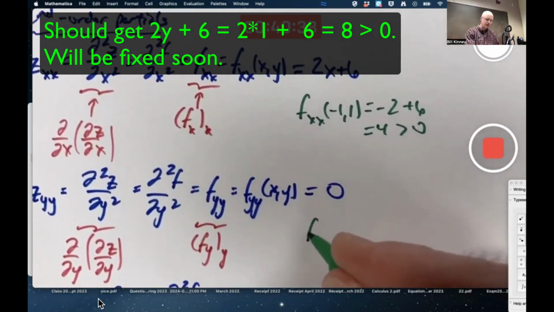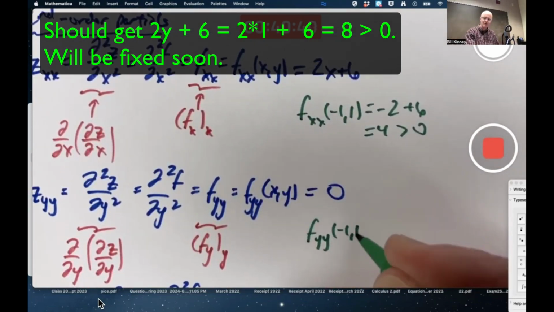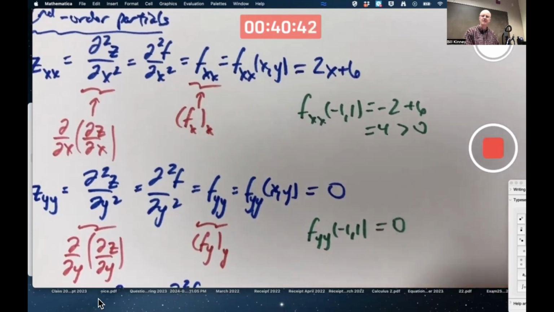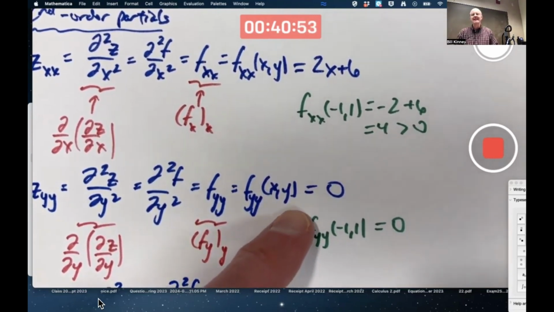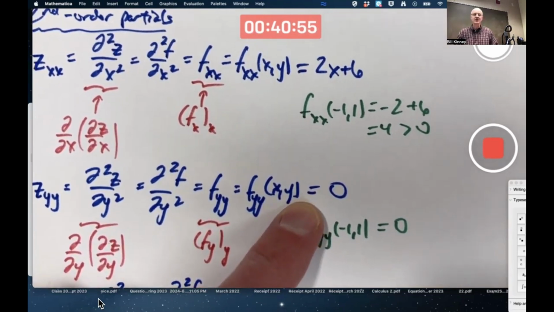Pure second order partial in the y direction. Well, that was the constant 0. So does that mean there's no concavity in the y direction? Yes. Careful, though. In the y direction, this function is linear.